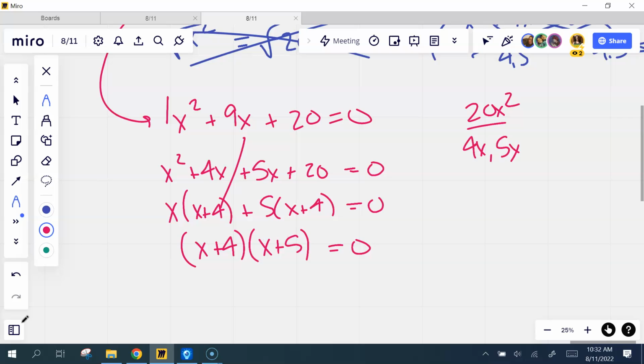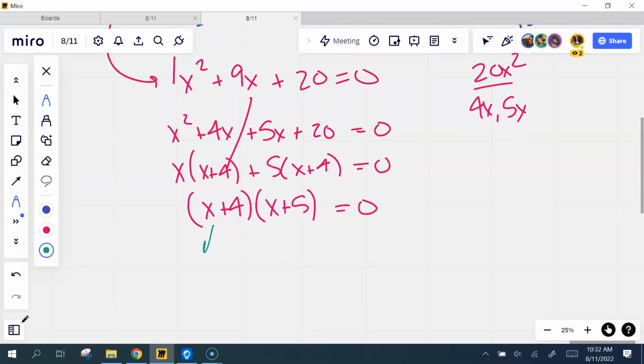Yeah? Okay. In between those two, this says parenthesis 1 times parenthesis 2 equals 0. Do you agree with that? Thing 1 times thing 2 equals 0. Therefore, by the zero product property, if this equals 0, it will make my equation true.